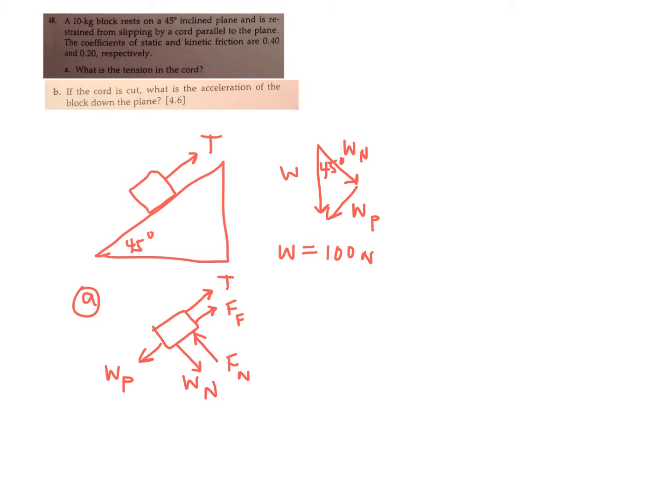So W sub P, and if you want to take the shortcuts for this, as long as you have your little diagram there, you can use sines and cosines, or you can just use the rules for 45, 45, 90s. The legs will be the hypotenuse divided by root 2, which I believe comes out to be 71 newtons if you divide by root 2. And they're equal because it's a 45, 45, 90 triangle.